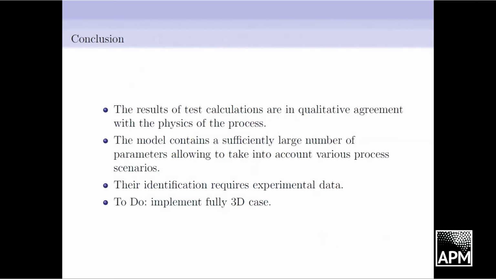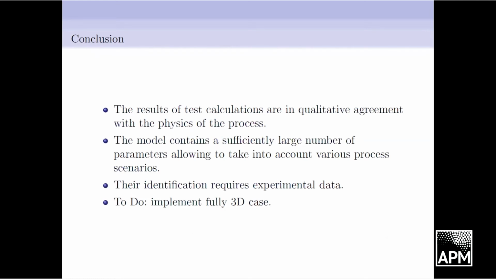And here, I would like to make some conclusions for our presentation. Firstly, I'd like to underline that the results of the test calculation are in qualitative agreement with the physics of the process. Then I'd like to underline that the model contains a sufficiently large number of parameters.